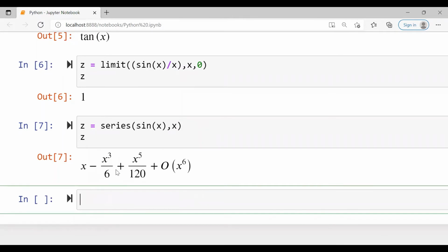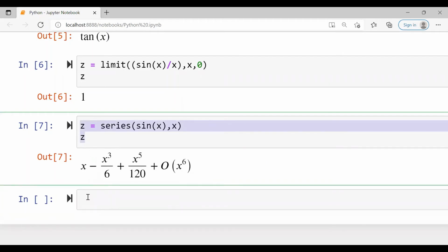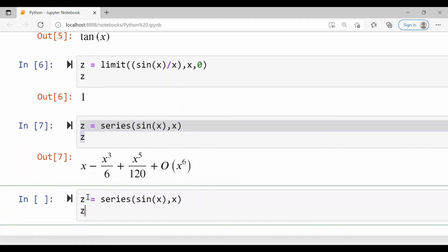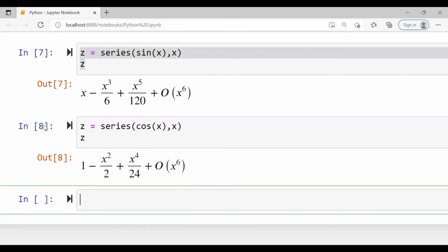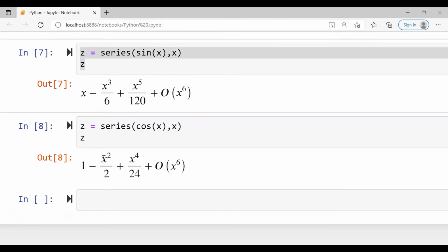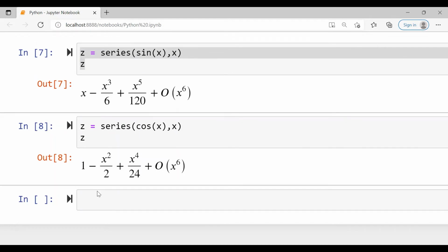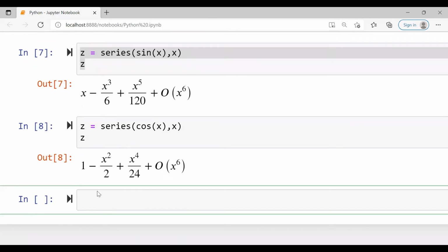So this is x minus x cubed by 6 plus x power 5 by 120 and so on. Similarly, you can find a series of cos x also. You get x and x cubed, odd powers, here, and here we get even powers. This is another function.